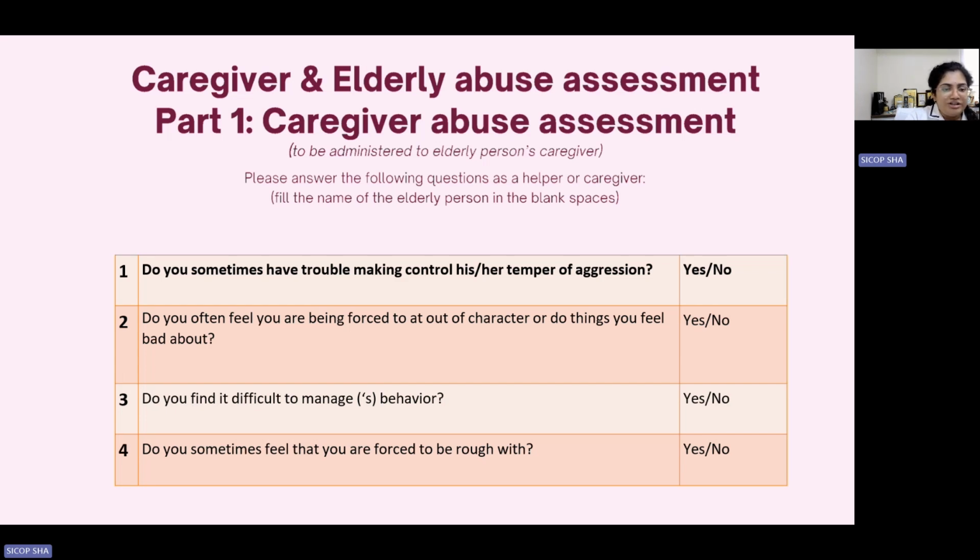Do you find it difficult to manage the person's behavior, or do you sometimes feel that you are forced to be rough? If these answers are yes, there is something wrong with the patient's behavior towards the caregiver and the caregiver's behavior towards the patient.